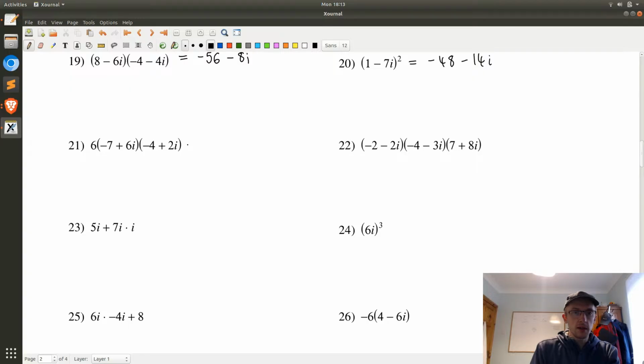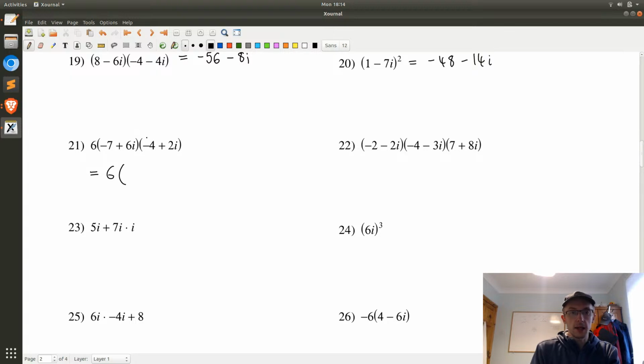For this one here, probably better to do the product of the pair of complex numbers first, and then multiply that by 6. So let's do that.